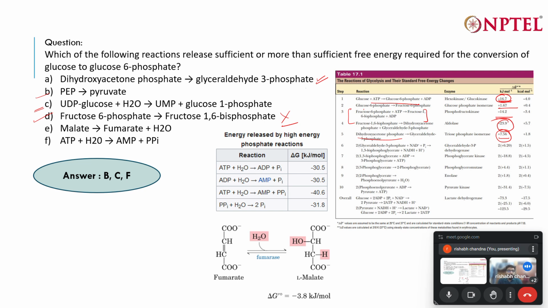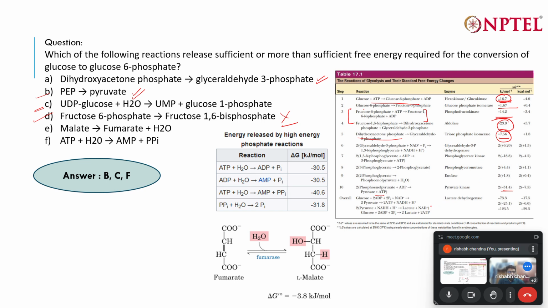Then moving on to the different steps. So directly we'll be moving on to phosphoenol pyruvate to pyruvate conversion. That takes around minus 31.4 kilojoule per mole for one molecule of phosphoenol pyruvate to be converted to pyruvate. So that is actually more than the required step. So yes, this is also the answer.